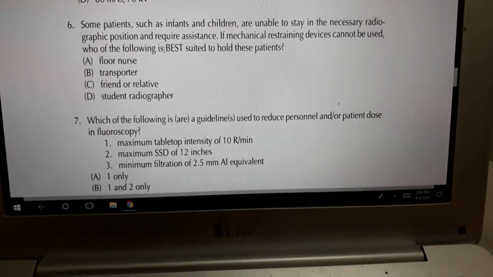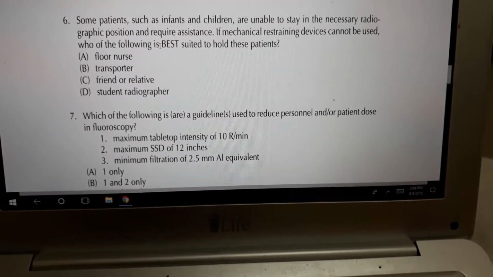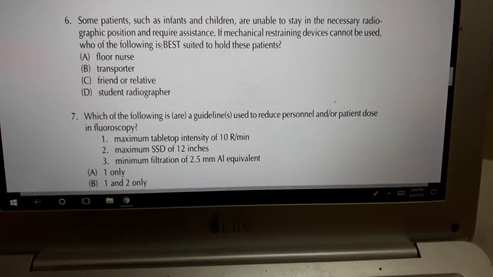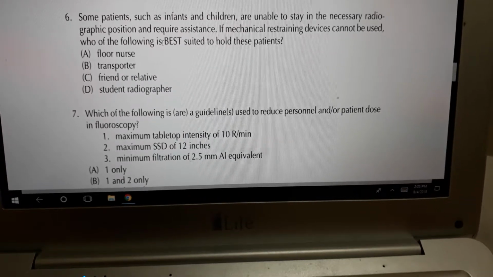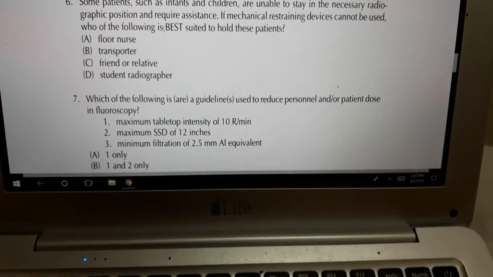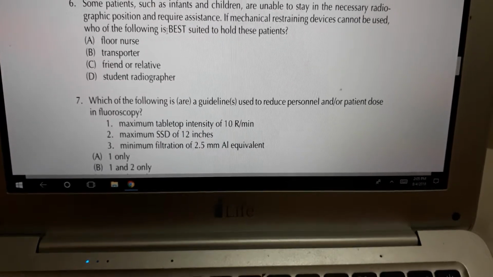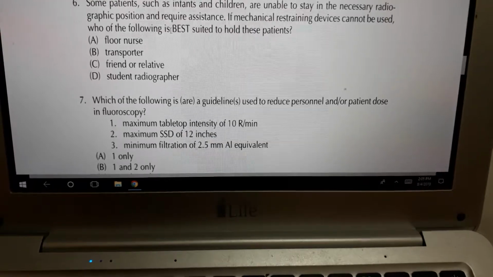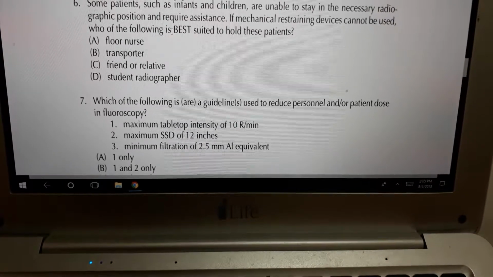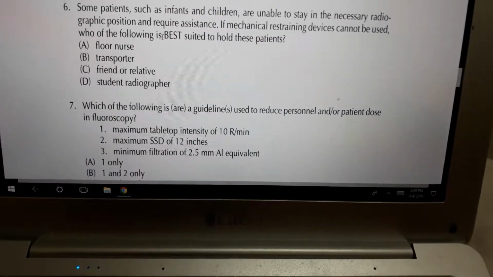The seventh question is which of the following is a guideline to reduce personnel and patient dose in fluoroscopy? Maximum table intensity 10 R, maximum SSD 20 inches, minimum filtration 2.5 mm aluminum equivalent.